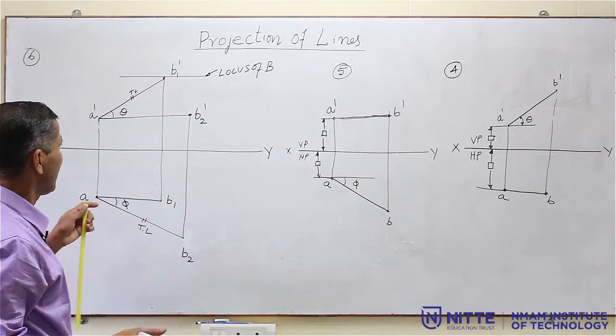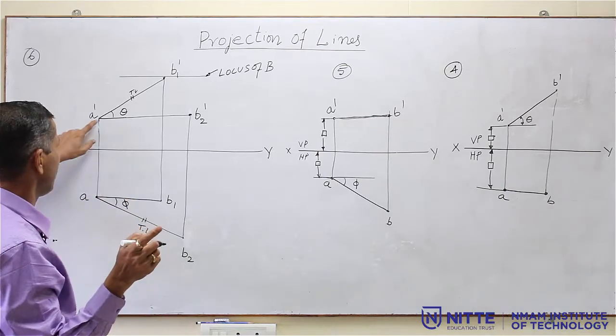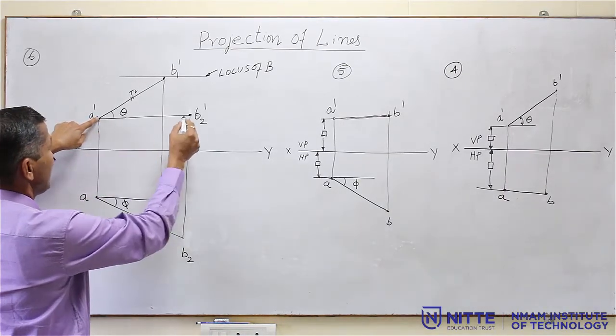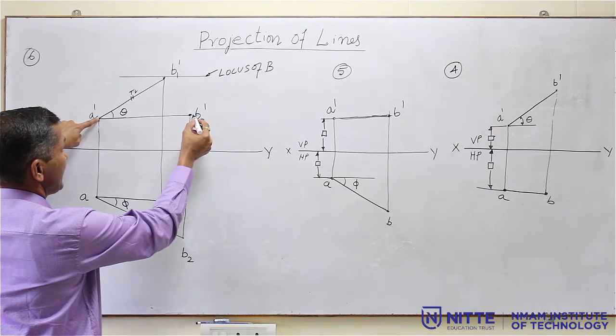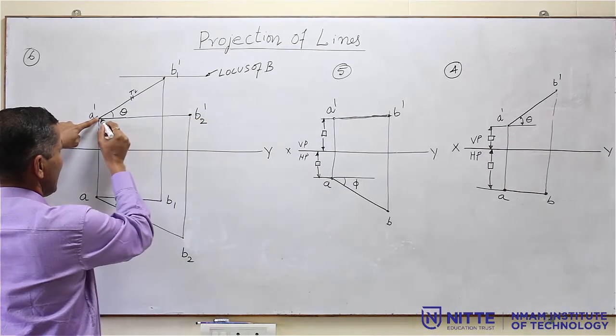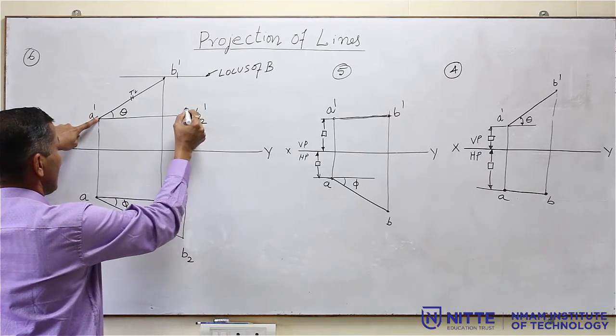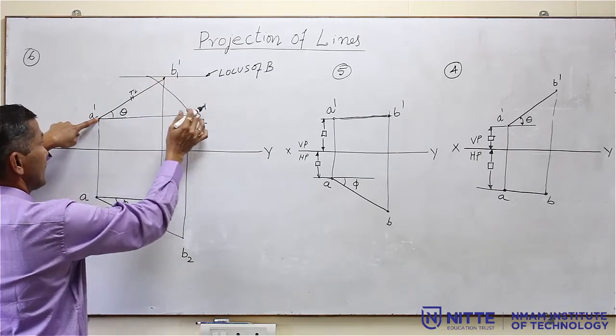How to locate? Take the compass with A dash as center, radius equal to A dash B2 dash. Draw an arc like this.